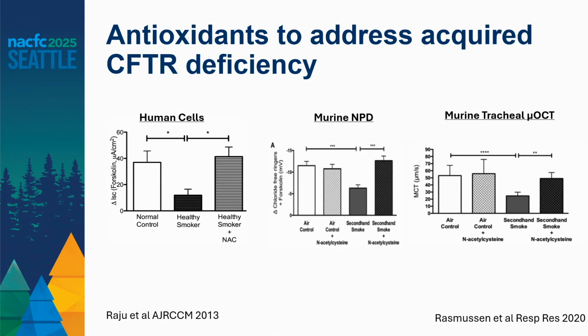And perhaps that means that there may be other adjunctive therapies that could be helpful, although none of these have really been explored in clinical trials. Certainly antioxidants, I think we're probably all a little bit jaded about antioxidants, but as far as addressing the acrolein or reactive oxygen species considerations, N-acetylcysteine has been helpful, again, in preclinical models, whether it be in cells or in animals.